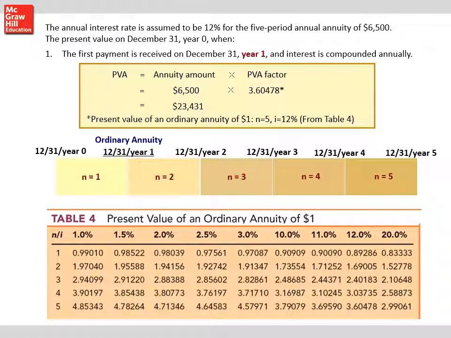So what this is saying is, if you want to be able to take $6,500 out at the end of each year for the next 5 years, interest is compounded annually at a 12% interest rate, you would have to put away $23,431 on January 1 of year one, the very first day, present value right now, which is the same as December 31st of year zero. It's the same thing.